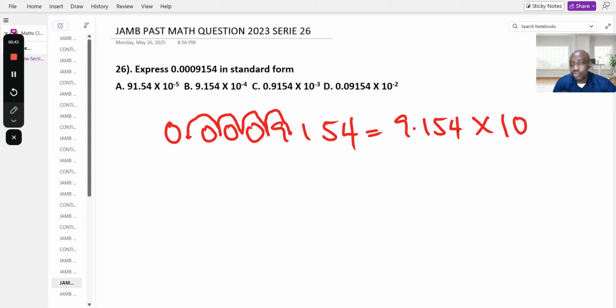Because we move it to the right side, it's going to give us negative 4. This is our final answer. Do we have it here? 9.154 multiplied. This is B. Our answer is B. Let's move to the next question.